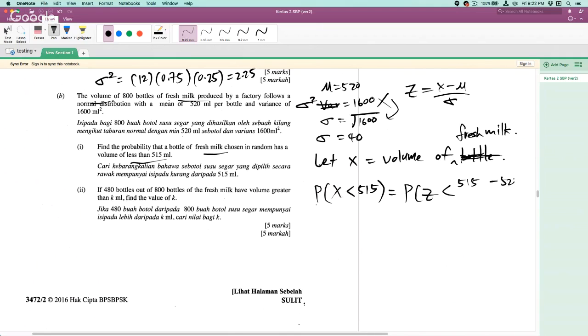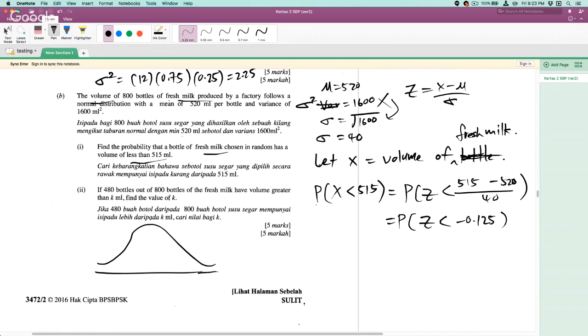Minus 520 over 40. Then you can solve this real quick by using a calculator. 515 minus 520 divided by 40. So you will get negative 0.125.